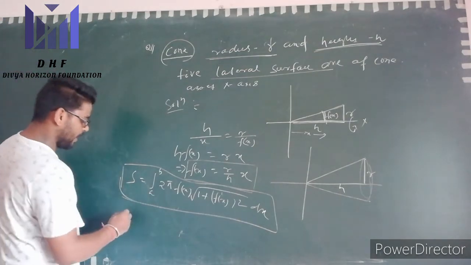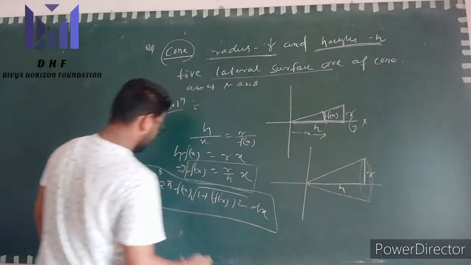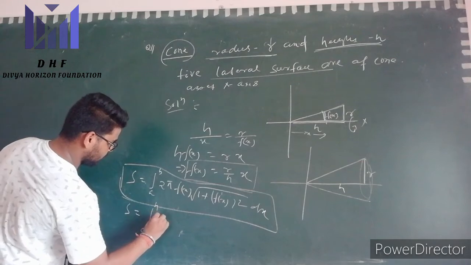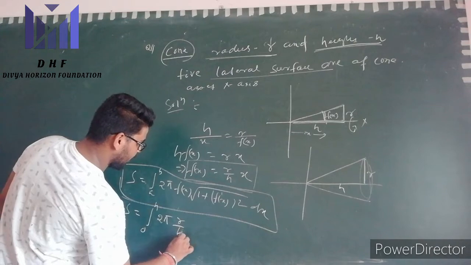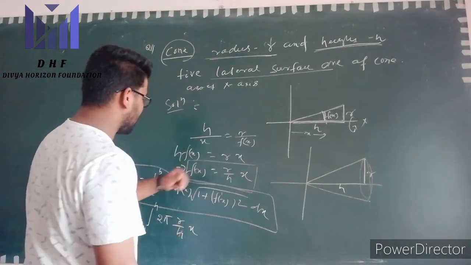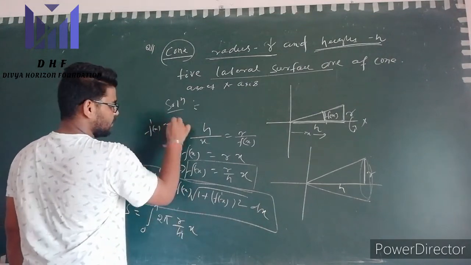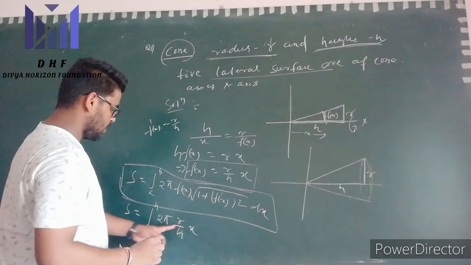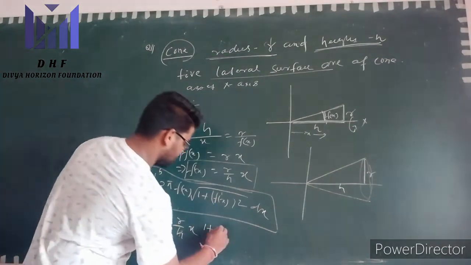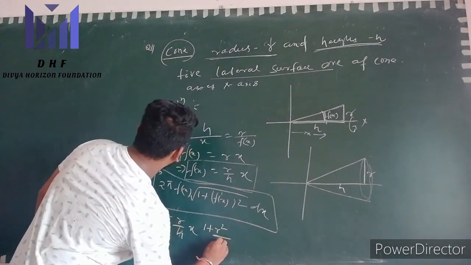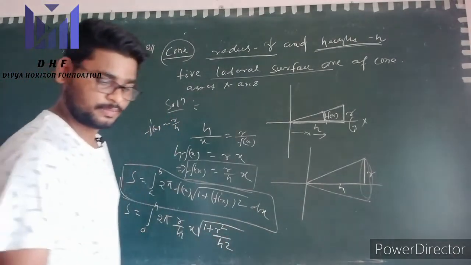Now we find the lateral surface area S, the limit is 0 to h, 2 pi. What is the value of f of x? r upon h x. What is the value of f dash x? f dash x is r upon h. Now 1 plus f dash x square is 1 plus r square divided by h square, under root. Clear?